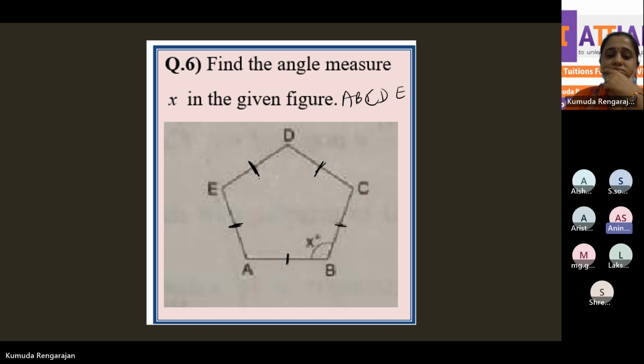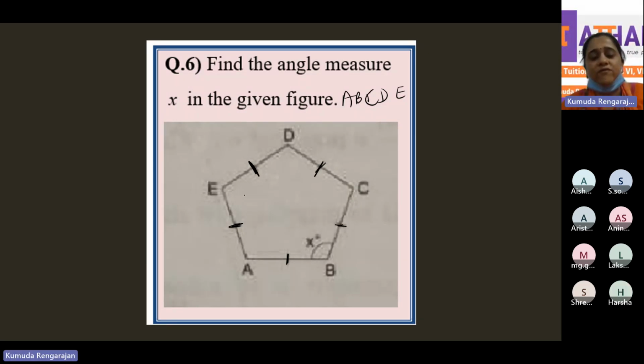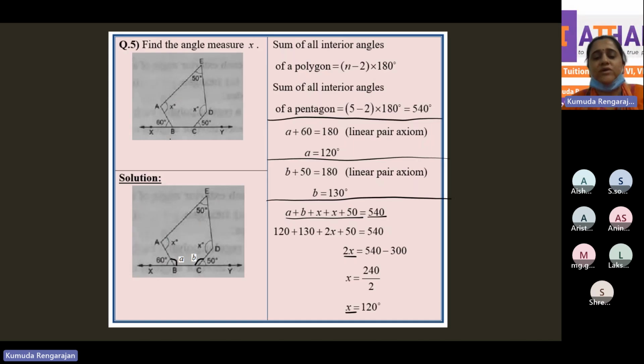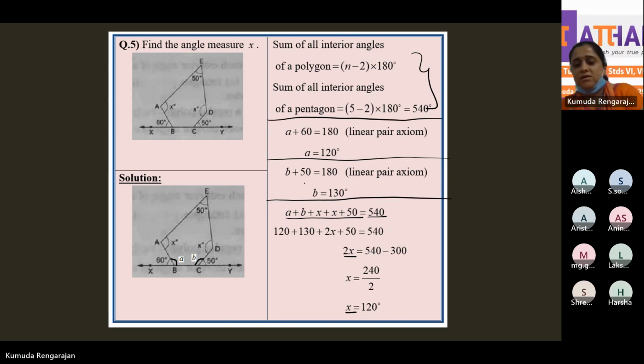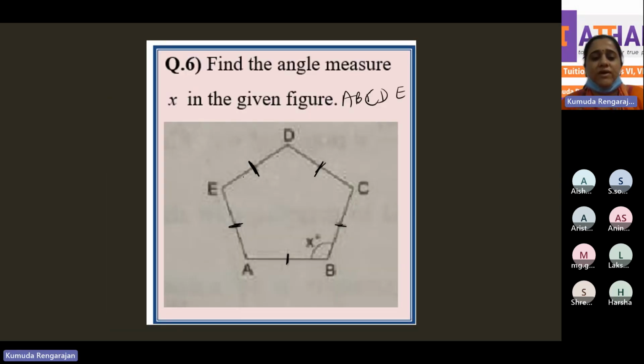Ma'am, 108. Yeah, correct. So the sum of all the 5 angles is equal to 540.